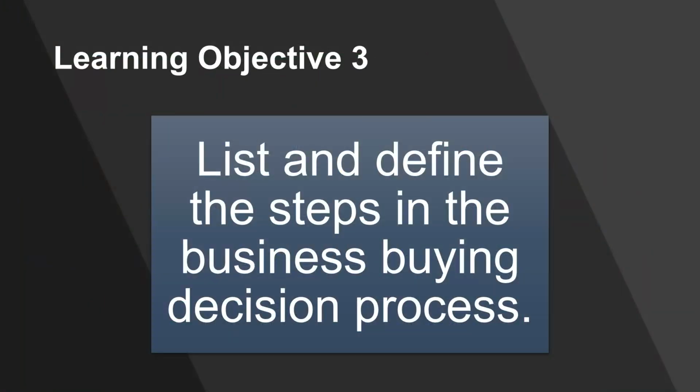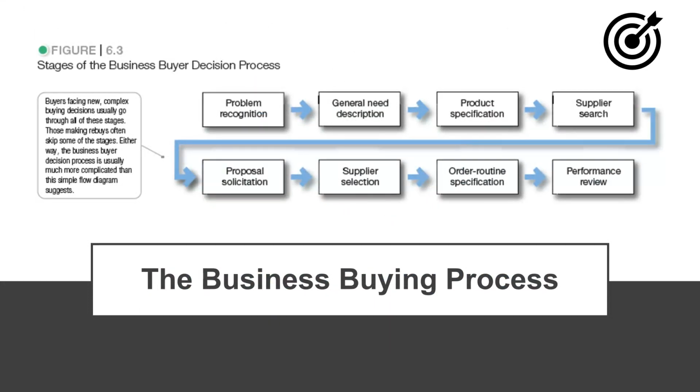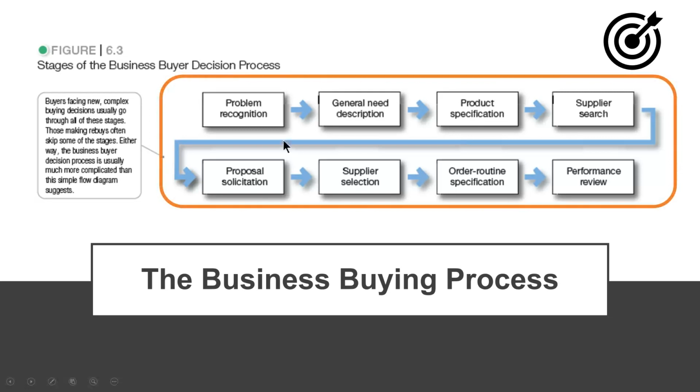So let's take a look at the steps in the buying process from a business perspective. It's very, very similar to the buying process of a consumer. However, it's got a little bit more in as far as steps are concerned. The first step is that you recognize that you have a problem, such as I need to buy something. There's a general need, and then you create a product specification.